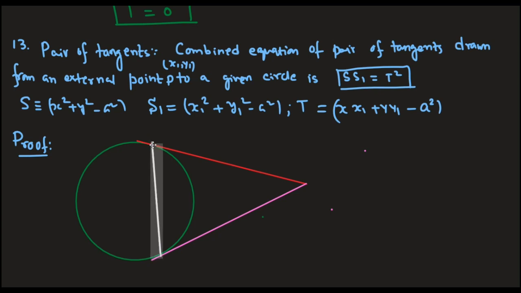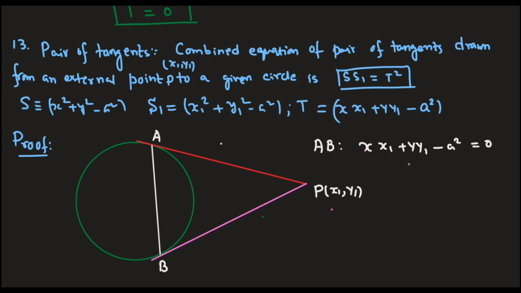I have named the chord of contact AB, and P is the point through which two tangents are drawn, x1 y1. The equation of AB will be x x1 plus y y1 minus a square equal to 0. That means T equal to 0 is the equation of the chord of contact AB.